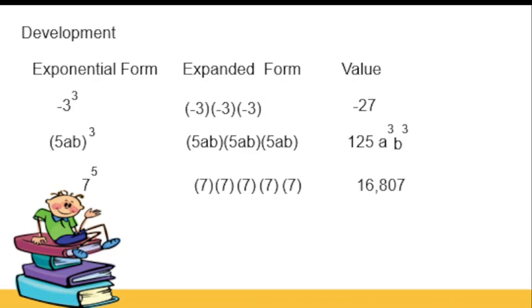Because 7 times 7 is 49. Multiplied by 7, that is 343. And then multiply again by 7, that is 2,401. And then multiply by 7, so that will become 16,807.